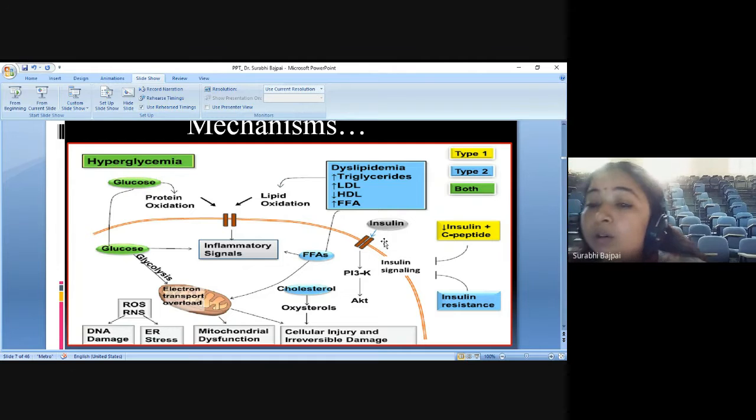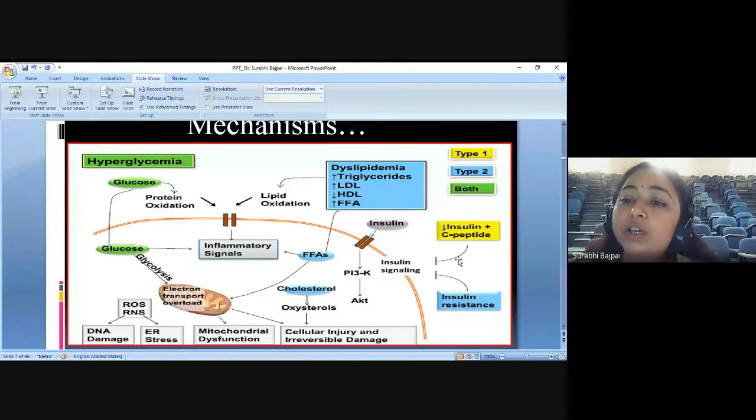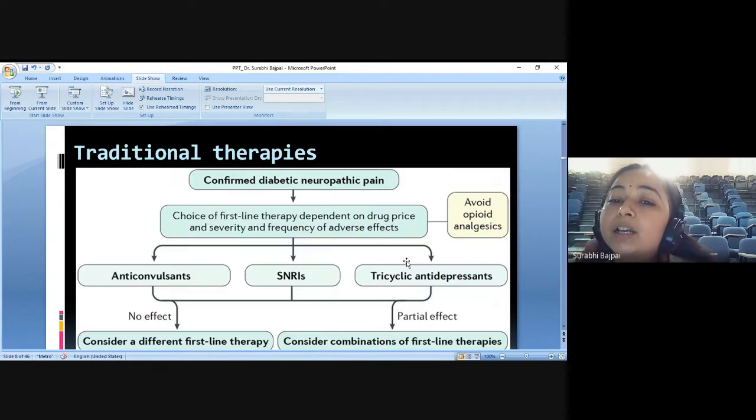Also, there is an effect on the insulin signaling mechanism via the PI3K and AKT pathway. So all these mechanisms lead to stress on neuronal morphology as well as neuronal functioning, and sometimes even neuronal apoptosis, which may lead to the death of the neuronal cells. So what are the existing traditional therapies, and are they sufficient for controlling the disease?